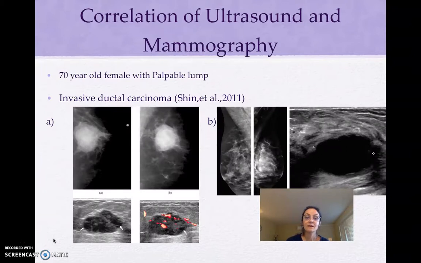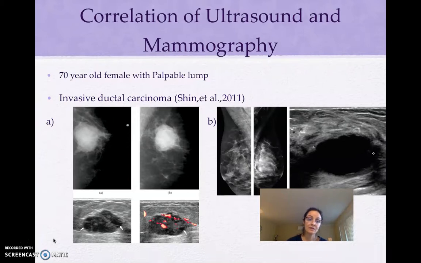So this is something that I found useful. I found it in an article, and image A shows a 70-year-old female with palpable lump. She went to the mammography for annual screening, and that white lesion was found in mammography. Then they sent the patient to the ultrasound.